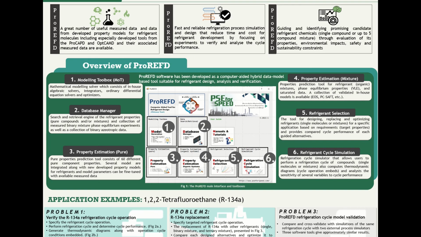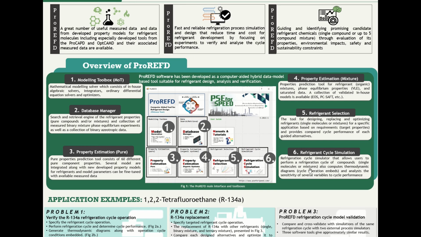Fifth, refrigerant selection. The toolbox that helps to design, select, and optimize refrigerants for a specific application based on user-defined requirements. Users can select and compare the feasible alternatives based on target properties or additional properties as well as refrigeration cycle simulation. Lastly, refrigeration cycle simulation. This is a toolbox that allows users to perform simulations of a refrigeration cycle.